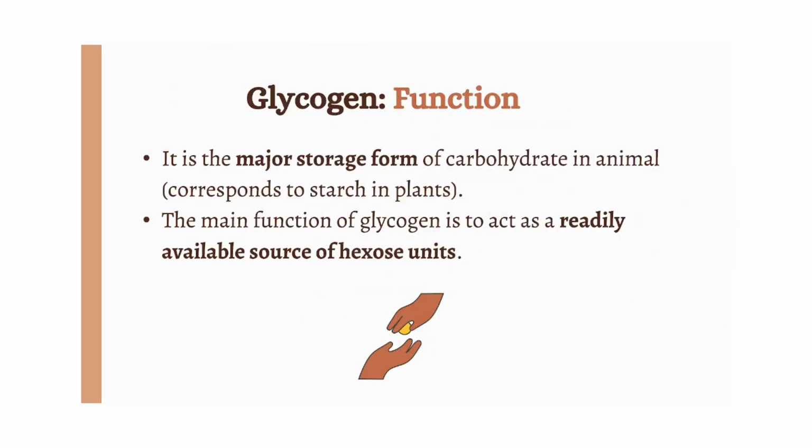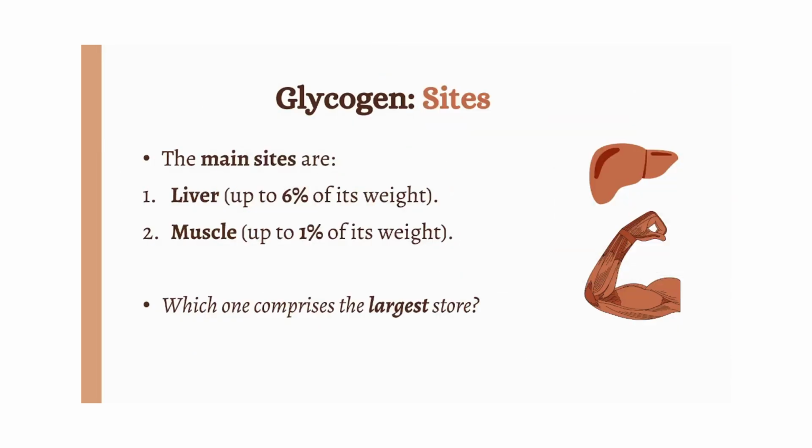It functions as a major storage form of carbohydrate in animals, corresponding to starch, of course, in plants. And the main function of glycogen, aside from being a storage form of glucose, is to act as a readily available source of hexose units whenever they are needed.